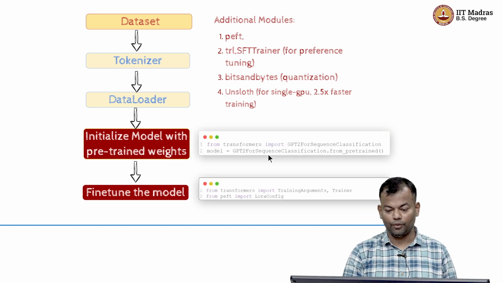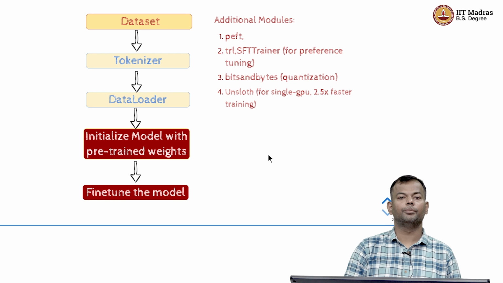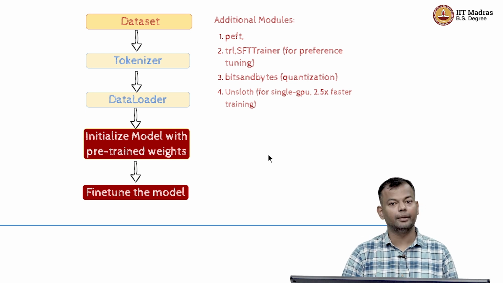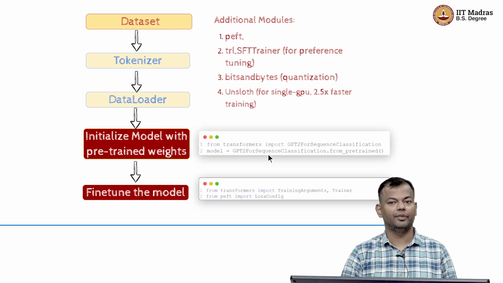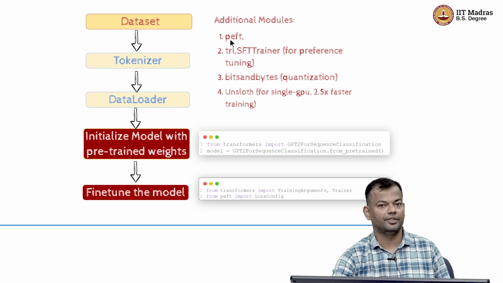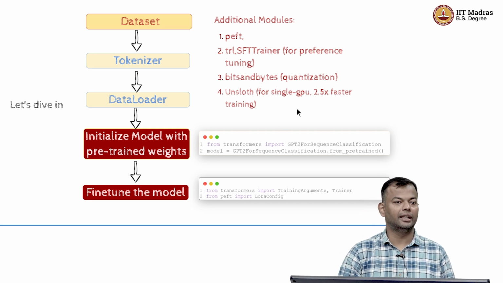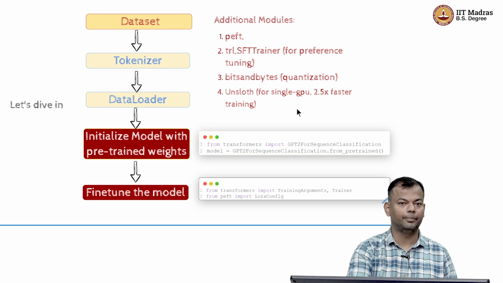And if you have limited compute, you may also want to see how you can speed up the model. So these are the things that we will try to see in today's class: parameter efficient training, supervised fine tuning, preference tuning, some quantization, and speeding up the training. So let's just dive in now into the Colab notebooks.